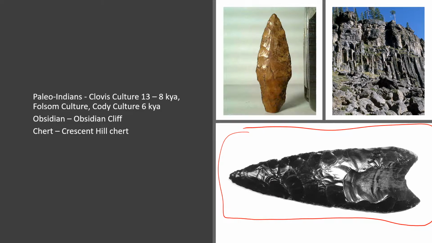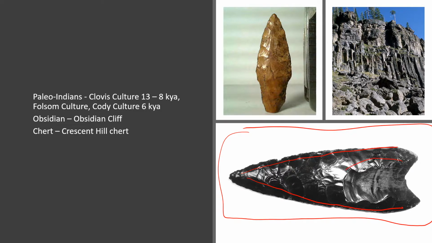So these stone implements were manufactured, and it actually required a great deal of skill through a process called knapping or flaking, where you would strike a stone along the edges to chip away little flakes of the stone and create an edge.